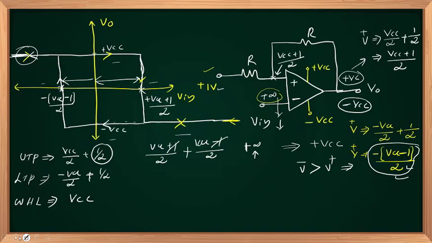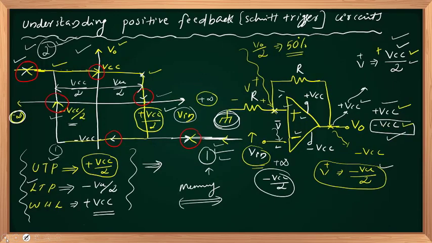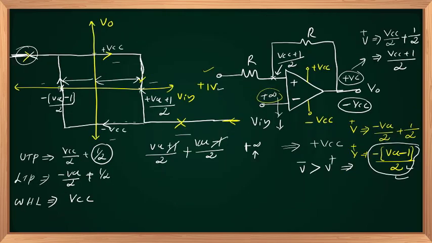So effectively your transfer characteristics is shifted towards right by 1 by 2 units, that is half a volt, 0.5 volts, by adding a plus 1 volt DC.